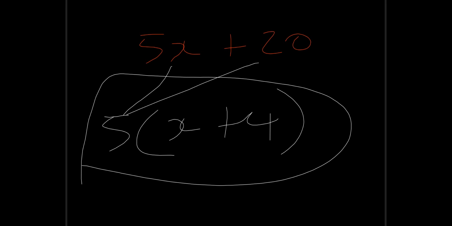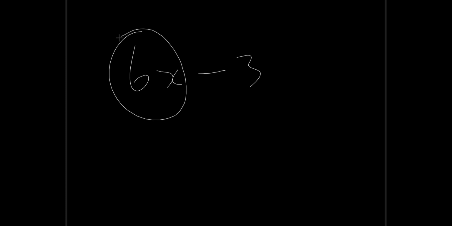Let's do another example. So if I have 6x minus 3, now we could actually do this the same way. We could do it both ways. We could actually split this up as a product, as two terms being multiplied, to get back 6x. So if we separate these two terms in multiplication, we have 6 times x.